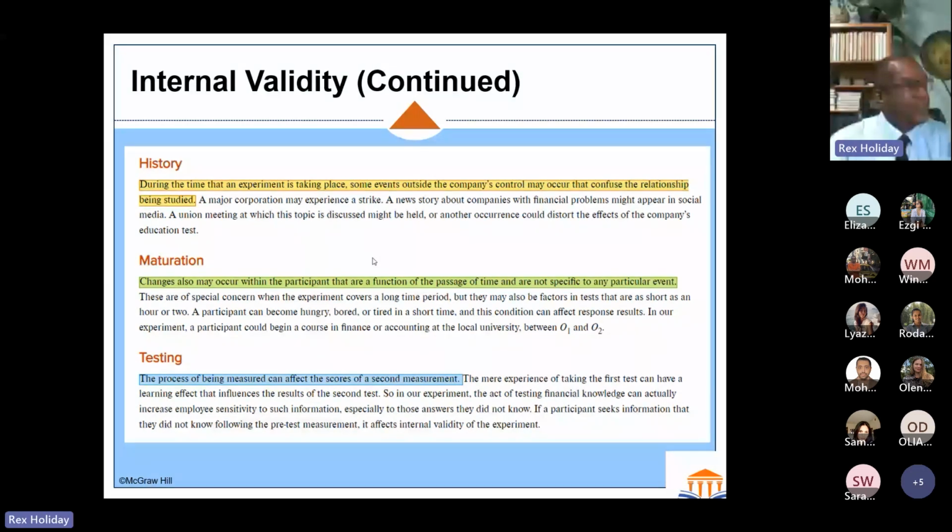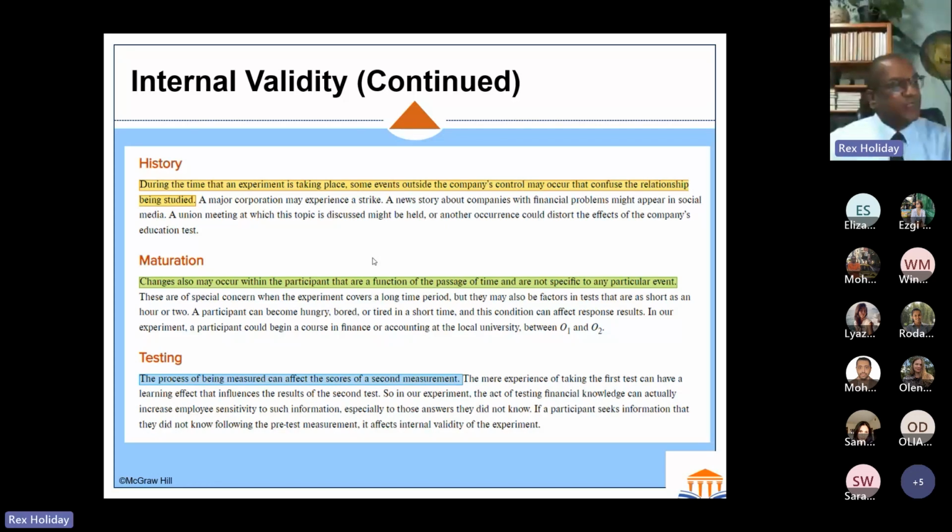These are of special concern when the experiment covers a long time period, like the longitudinal experiments that we talked about in earlier lectures, but they may also be factors in tests that are as short as an hour or two. A participant can become hungry, bored, or tired in a short time, and this condition can affect response results, and that's very true, right?